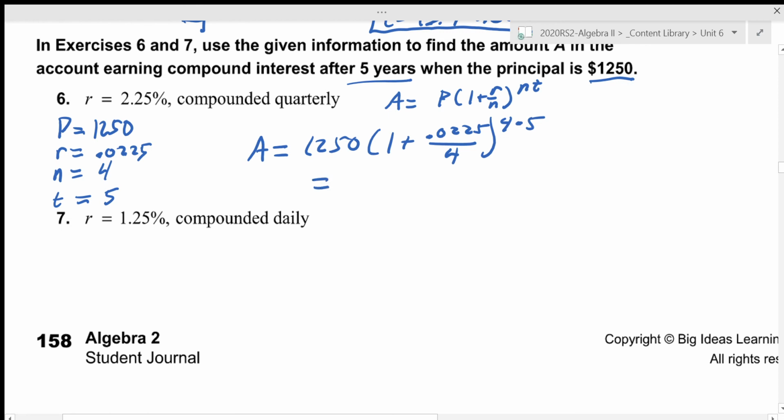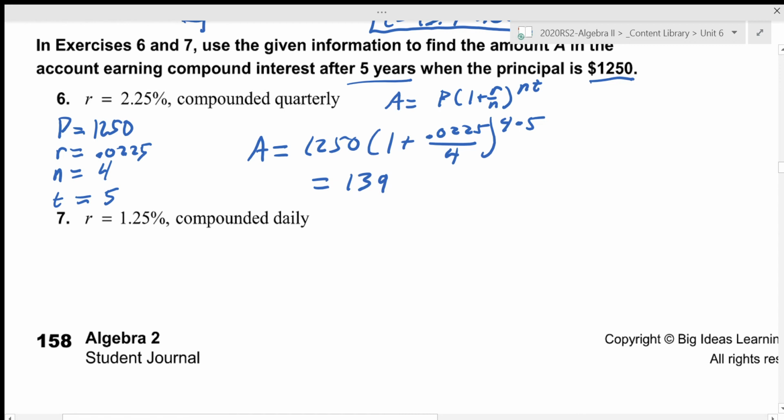The most common mistake I see on questions like this is people plugging it in wrong on your calculator. So be very careful that you've got everything correctly in the exponent and in the parentheses, because that's really the biggest way to make a mistake on this question.